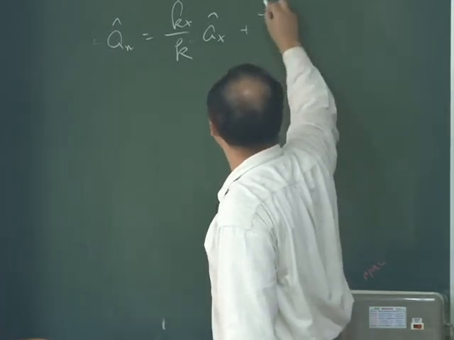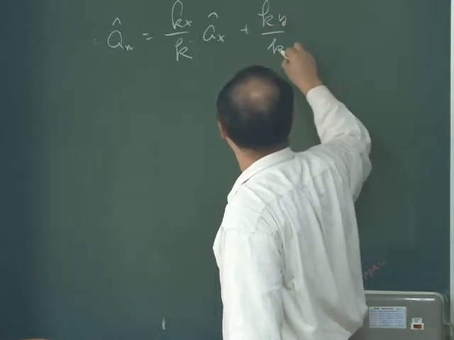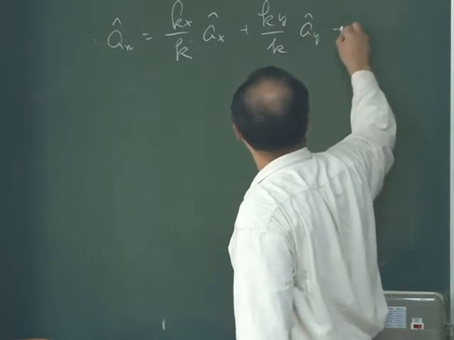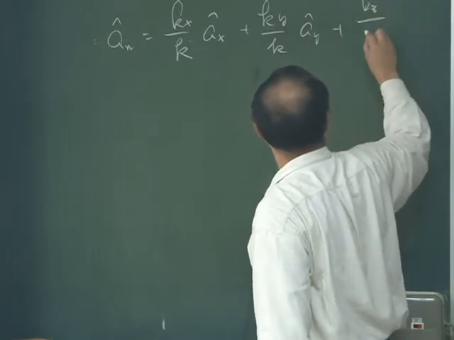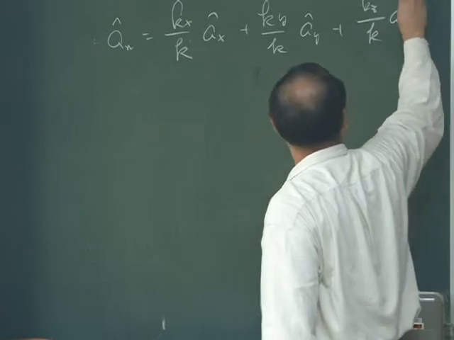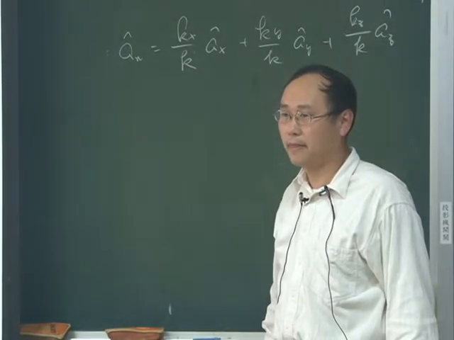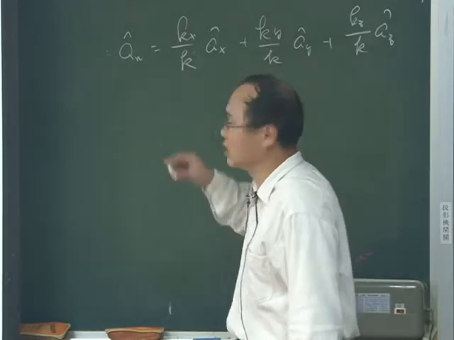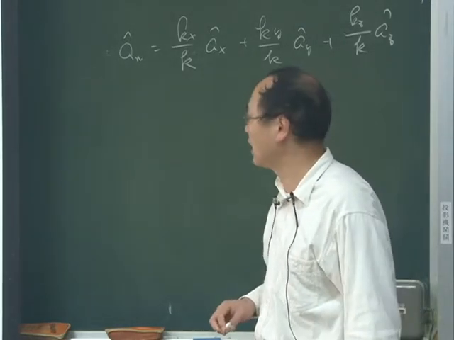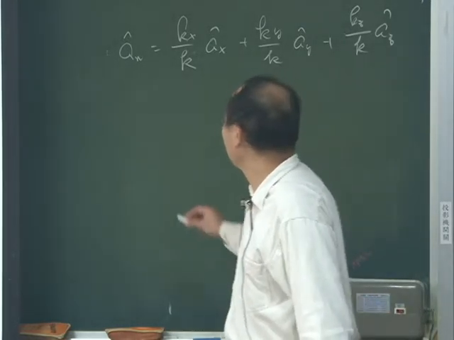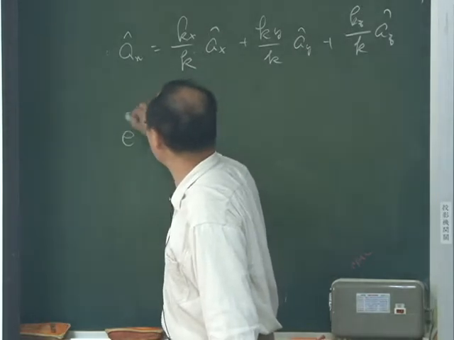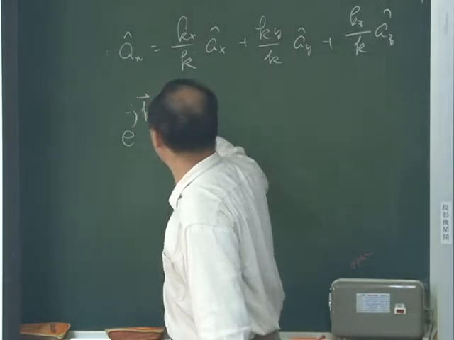Okay, plus ky over k over y direction, plus kz over k az direction. Alright, so you can write it as a unit vector k, the unit vector of k, and then the whole thing is exponential minus jk dot r.